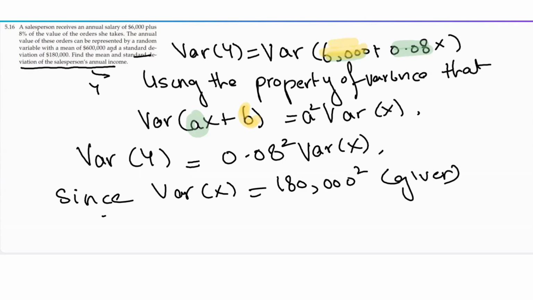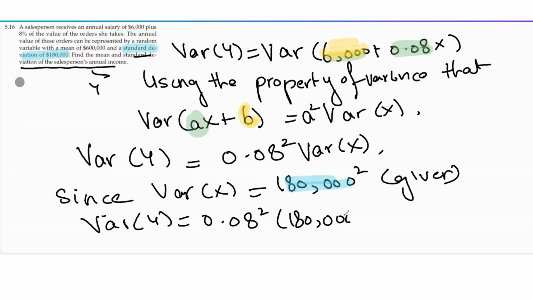We're given the standard deviation of 180,000 in the question, so we just take its square to find the variance. So the variance of Y is 0.08 squared times 180,000 squared, because 180,000 is the standard deviation, so the variance of X is the square of that.